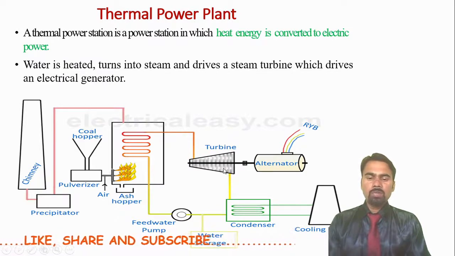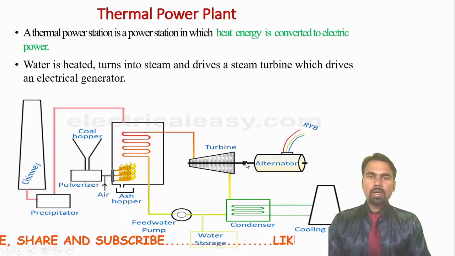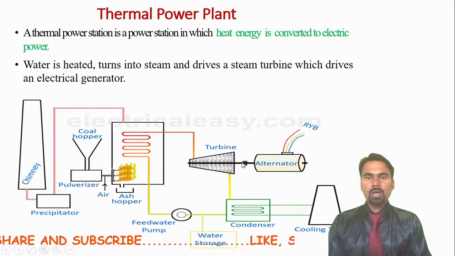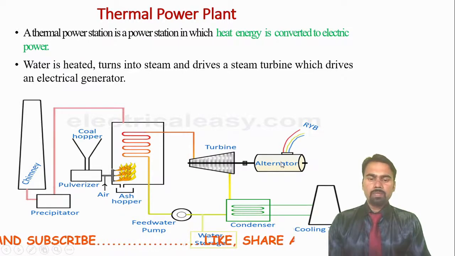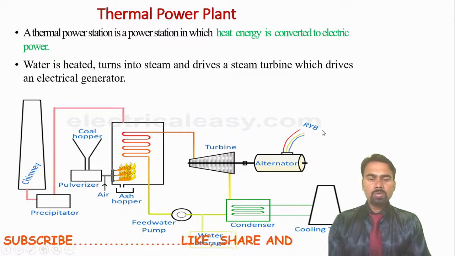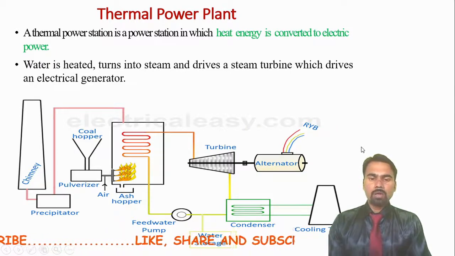So rotation of this shaft takes place. The shaft is connected to the alternator or generator, where the electricity is generated, and through the transmission line we can transmit the electricity towards the consumer.